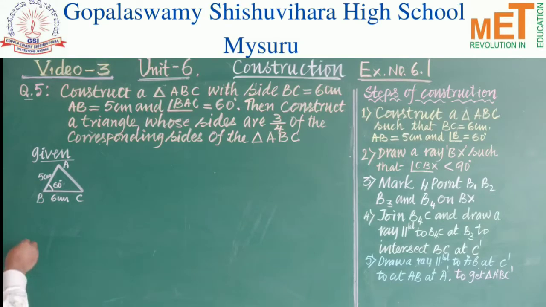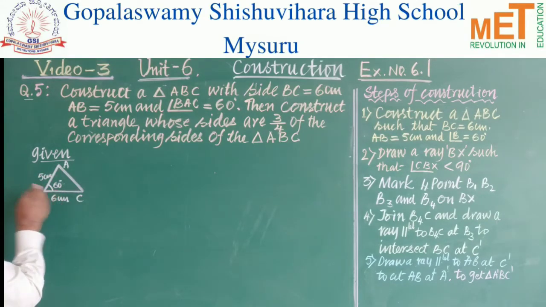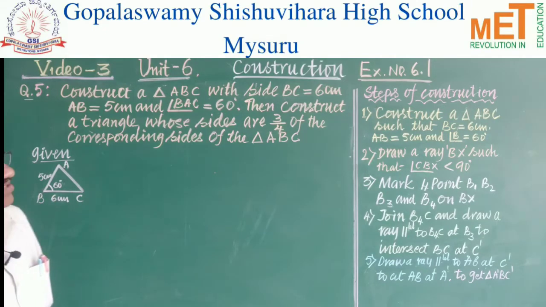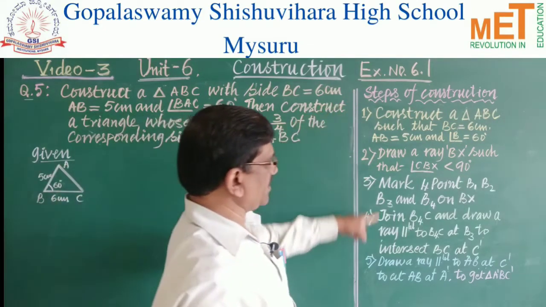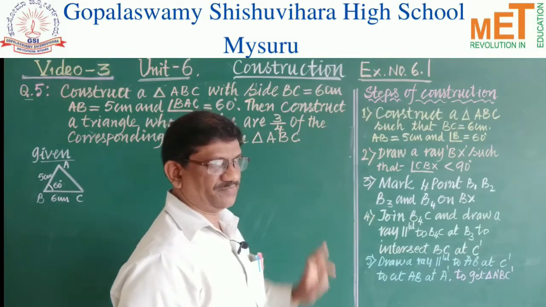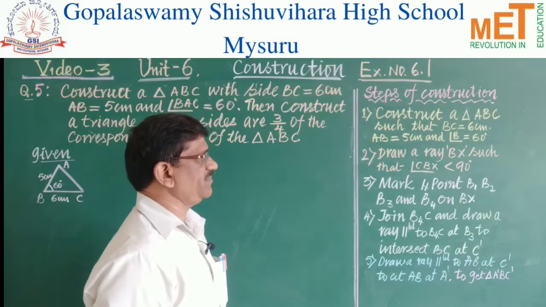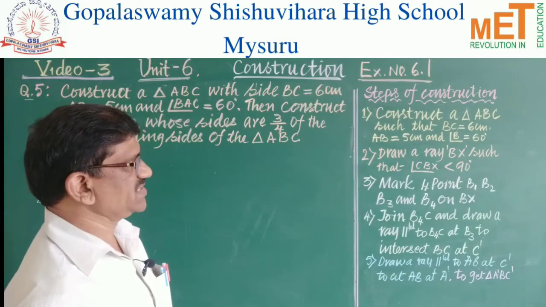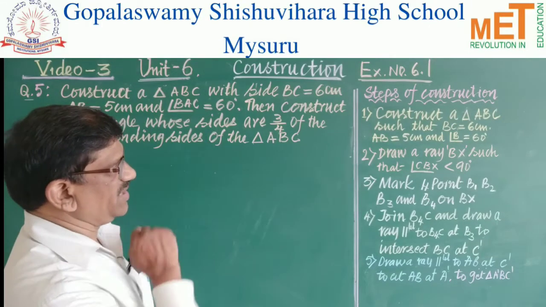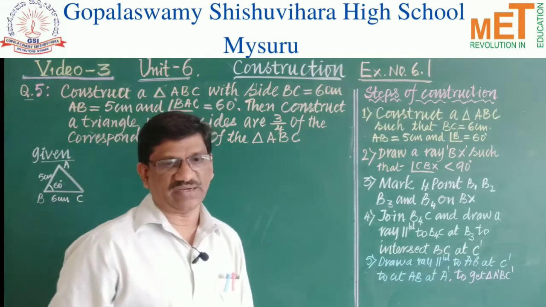So here the angle ABC is equal to 60 degree. First, you see the steps of construction I have written here. We shall go in this way only. The first step is we have to construct a triangle ABC such that BC is equal to 6 centimeter, AB equals 5 centimeter, and angle B is equal to 60 degree.